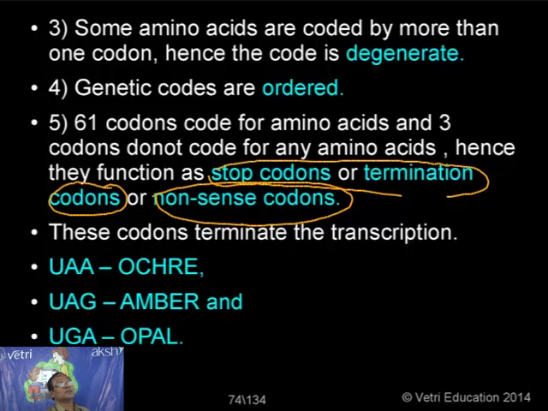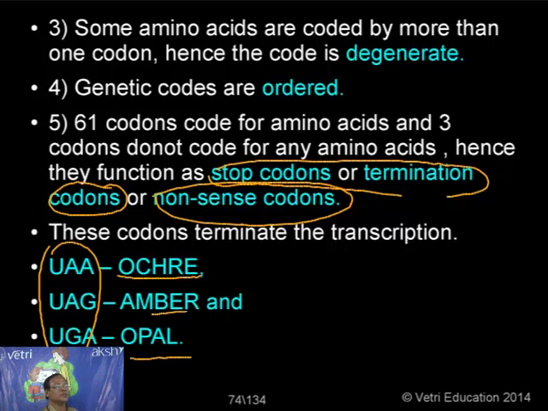So what are the 3 nonsense codons? They have their own specific names: UAA, UAG and UGA. So these are all the 3 nonsense codons: UAA, UAG and UGA. Now the UAA codon is also called ochre, UAG is amber, and the last one, UGA, is opal. Ochre, amber, opal.